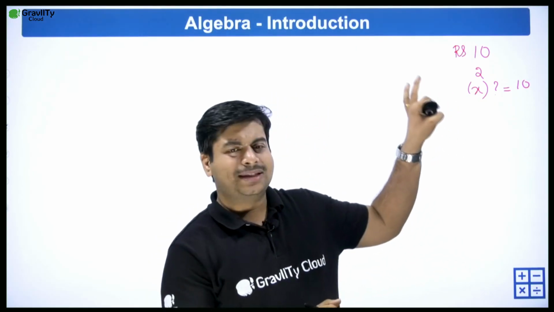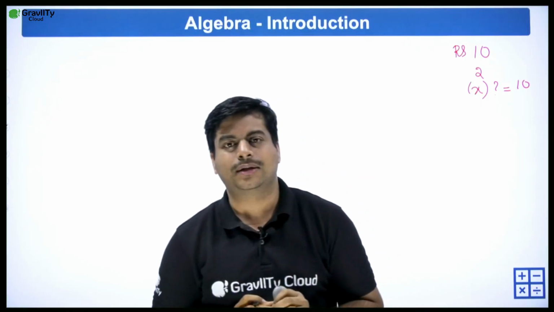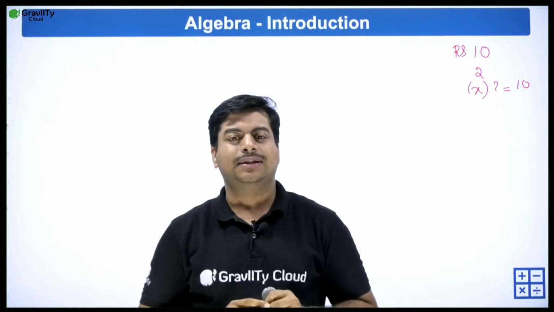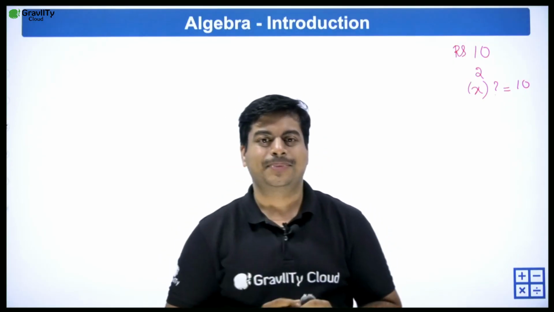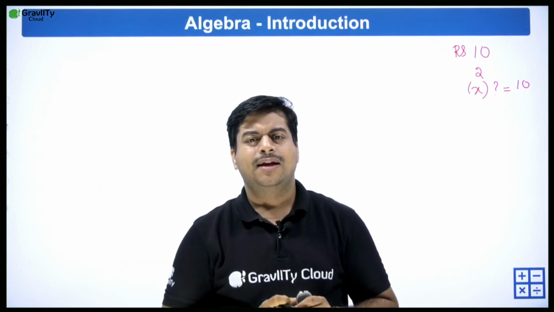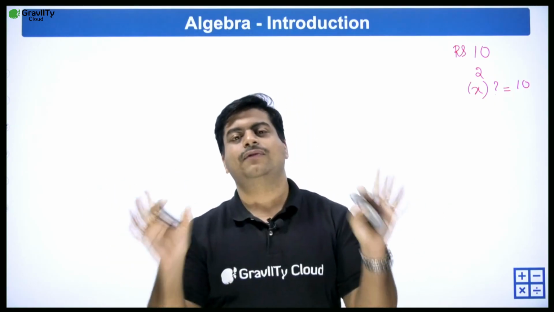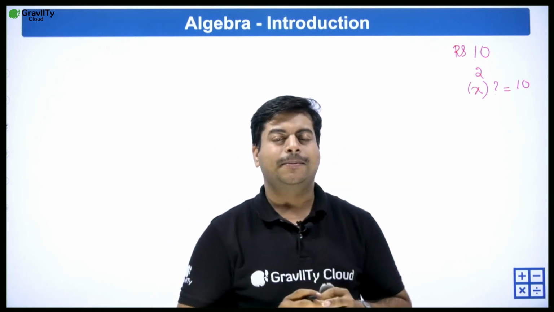We are not going to represent all this now, but it's a very simple practical application, and you already know the answer that you can buy a maximum of 5 chocolates, each 2 rupees, so that the total will be 10 rupees. This is a very simple application of algebra.